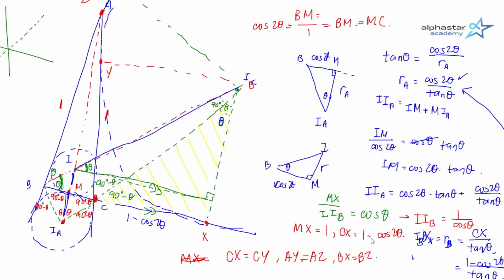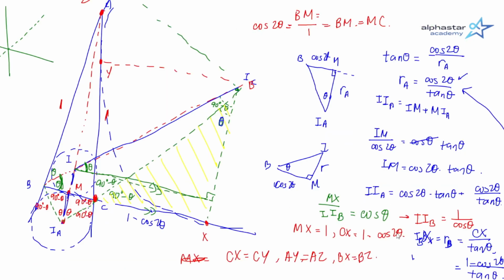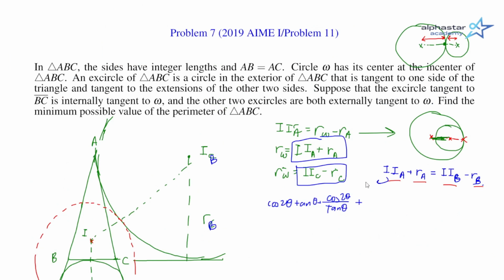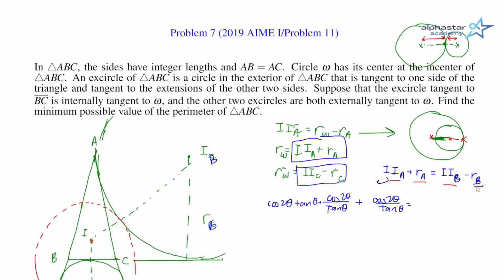I sub A is just equal to cosine 2 theta times tangent theta, plus cosine 2 theta over tangent theta, plus R sub A, which is equal to cosine 2 theta over tangent theta, is equal to IIB, which is over here, 1 over cosine theta.